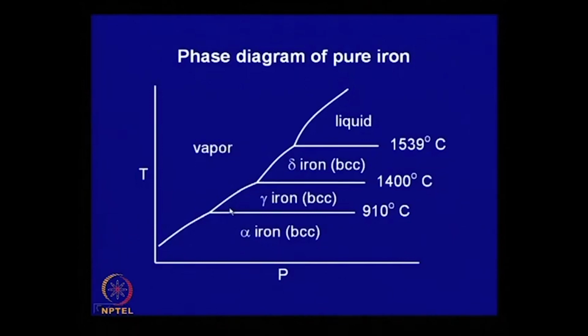Now, let us extend this concept to a very commonly used metal, that is iron. The most commonly used metallic material is definitely steel, which is an alloy of iron and carbon, and let us look at the phase diagram of pure iron. Now, pure iron can exist in the solid state with different crystal structures.